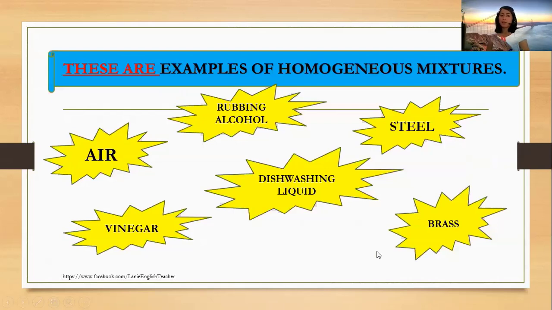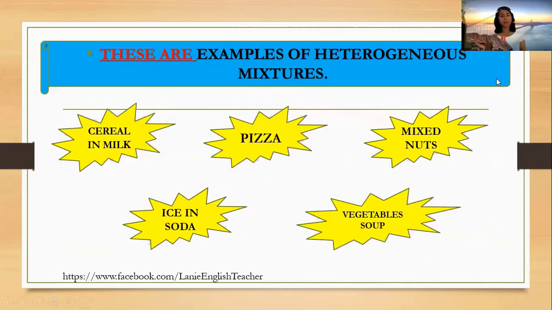Now, these are examples of homogeneous mixtures: air, vinegar, rubbing alcohol, dishwashing liquid, steel, and brass. While these are examples of heterogeneous mixtures: cereal in milk, pizza, ice in soda, mixed nuts, and vegetable soup.